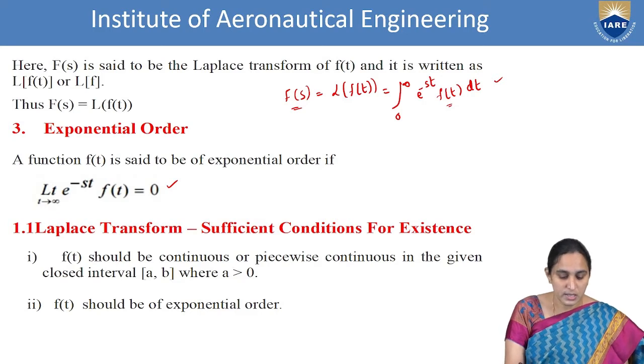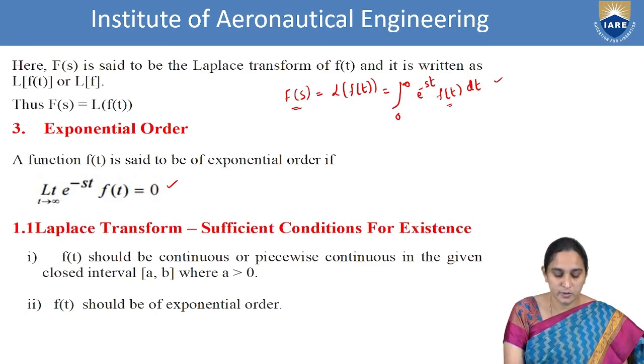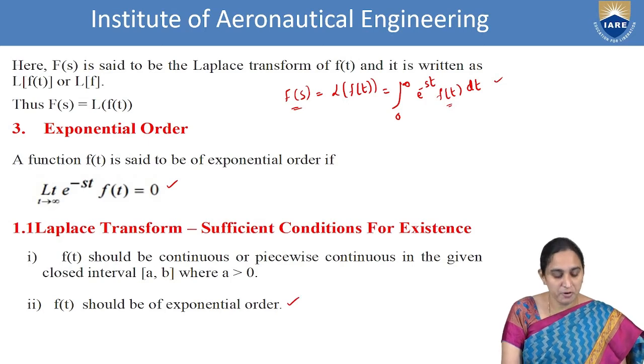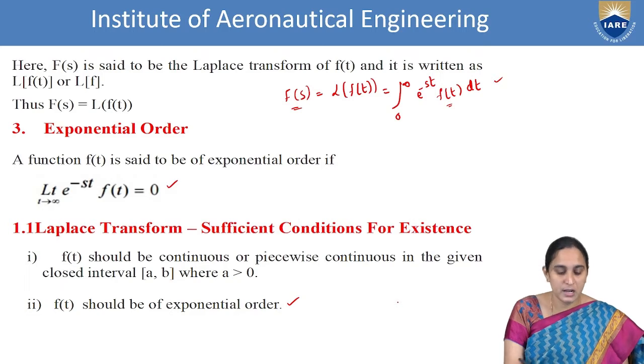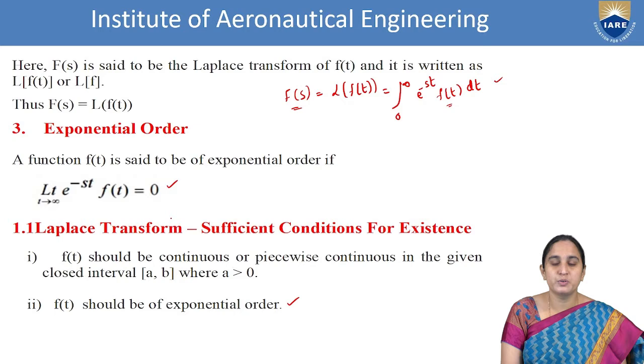Here f of t is continuous, or each and every part of this function, that means piecewise, is continuous in the closed interval a comma b, where a is greater than 0. And the second condition is f of t should be of exponential order. Already I discussed in the previous part what exponential order is.